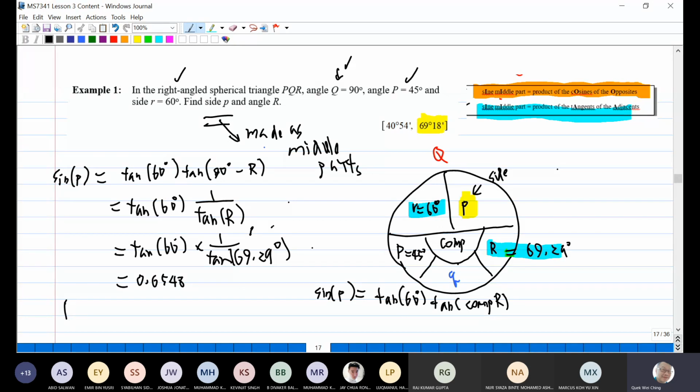So now what is P now? The side P here is sine inverse 0.6548 here. So that's calculator. So shift, inverse sine, the answer 40.90. You can convert the minute there, okay, 40.54 minutes.